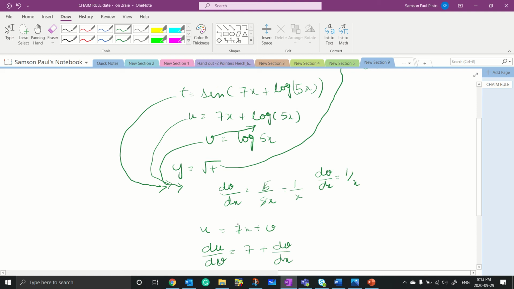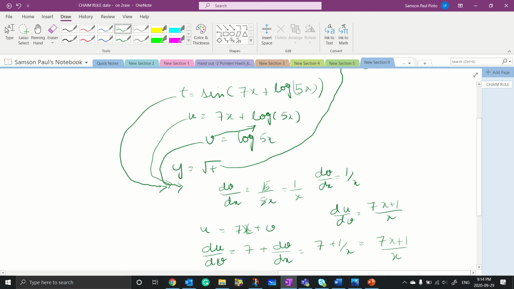Technically you have to take this whole term as kind of v, but let's not do that. It'll simply complicate our process. So I've just differentiated with respect to x, because there is an addition sign, it will not change the answer. You get 7 plus 1 by x. So du by dv for me now is 7 plus 1 by x.